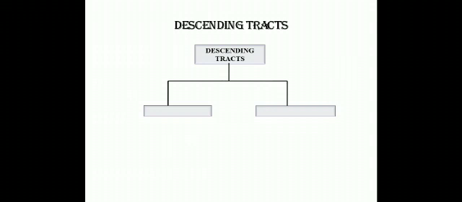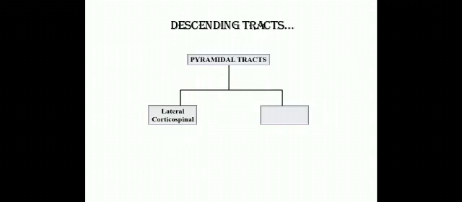The descending tracts may be pyramidal tracts or extra-pyramidal tracts. The pyramidal tracts include the lateral corticospinal tract and the anterior corticospinal tract.